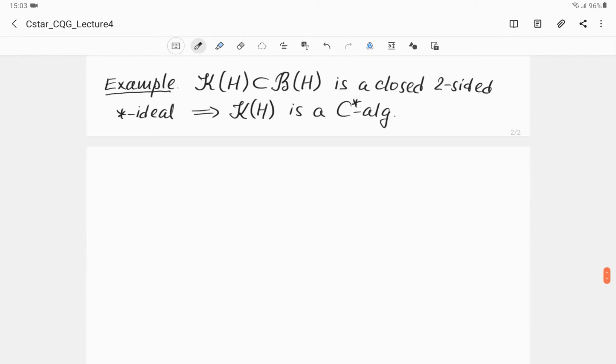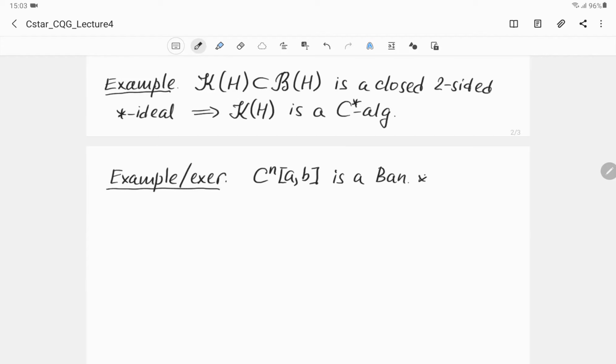Okay, let's now look at some counterexamples or non-examples. Example and exercise at the same time. Let's look at C^n[a,b], the algebra of n times continuously differentiable functions on the closed interval. This is a Banach star algebra with respect to the same involution as before.